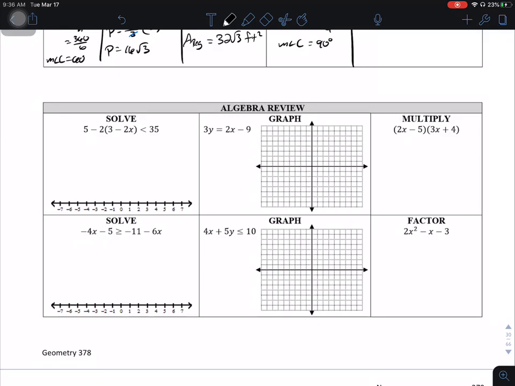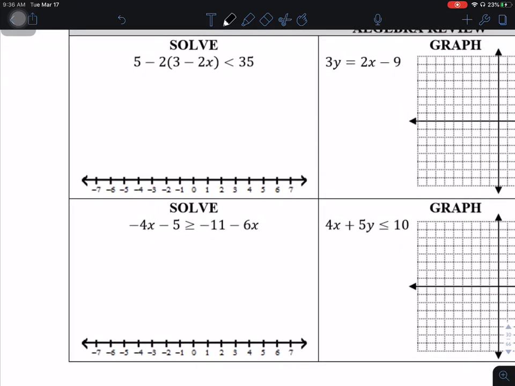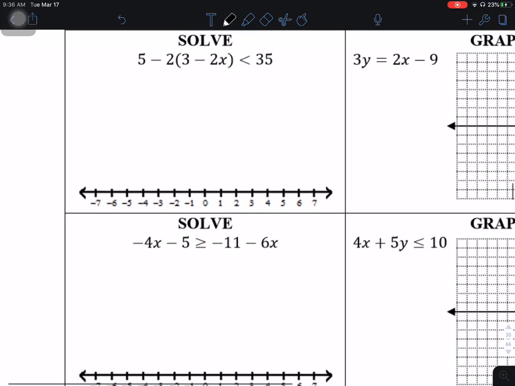Algebra review. Solving an inequality. I'm going to get the variable by itself. If we multiply or divide both sides by a negative number, then we change the inequality sign to go the other direction. If I distribute the 2, I'm going to get a minus 6 and a plus 4x. 5 minus 6 is negative 1.